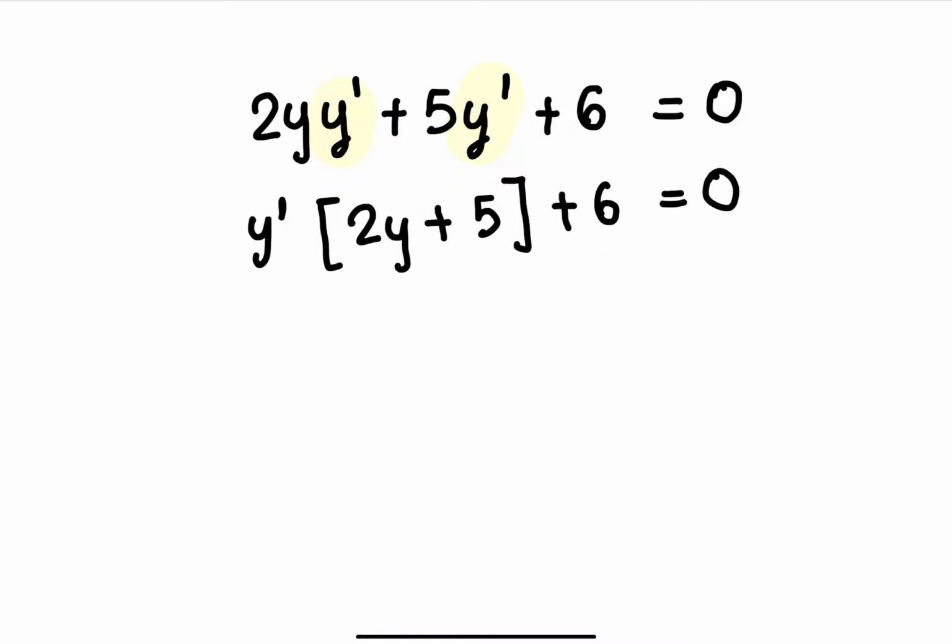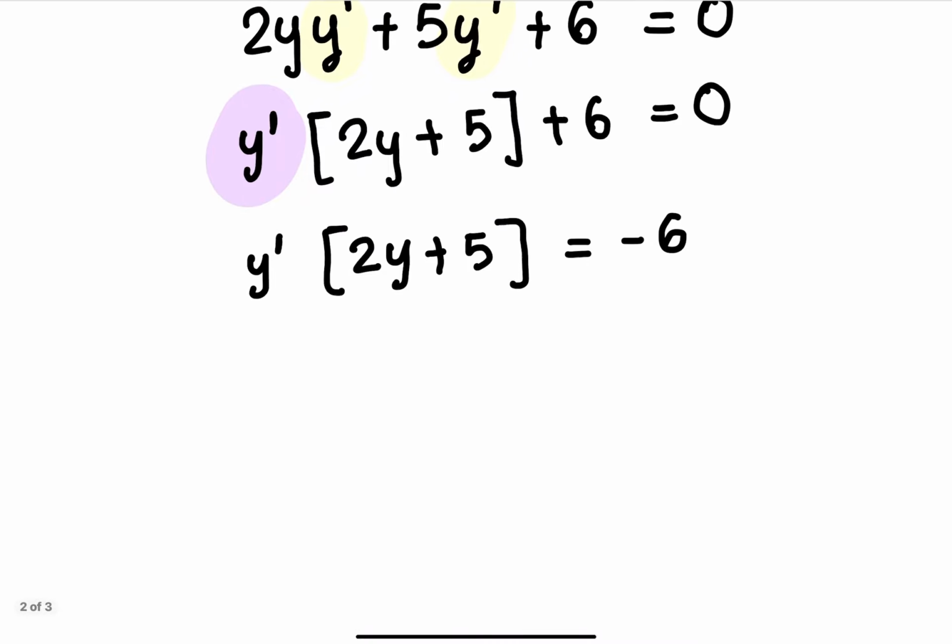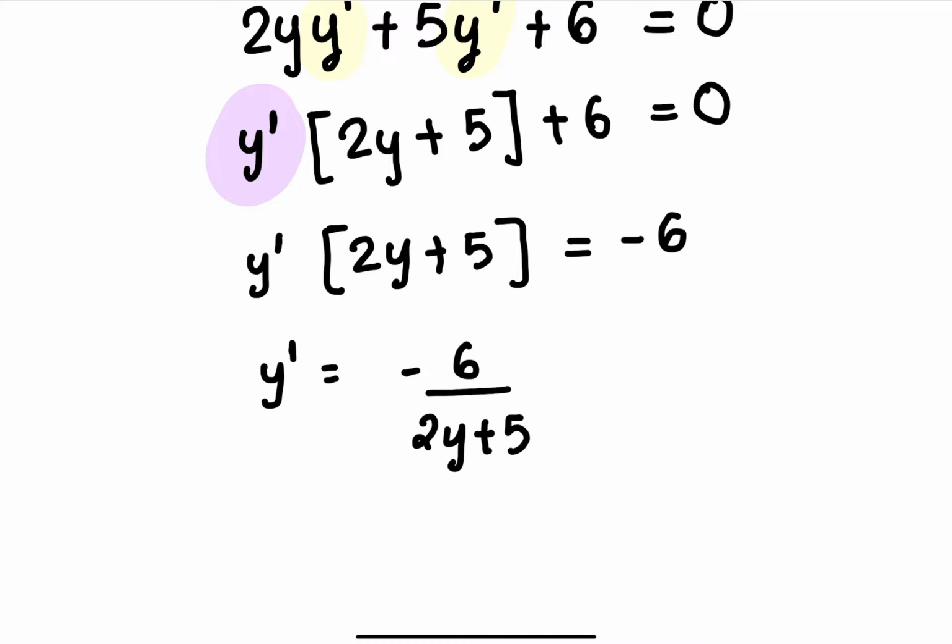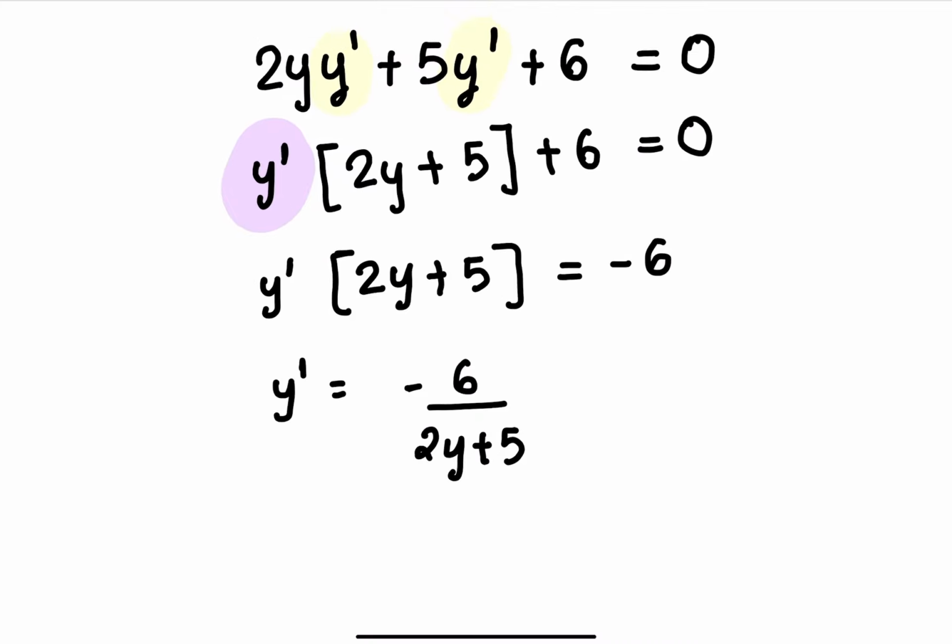Remember, my goal is to get y prime by itself. So I am going to kick the 6 onto the other side, which makes it minus 6. And now I am simply going to divide both sides by 2y plus 5. And that's my y prime.